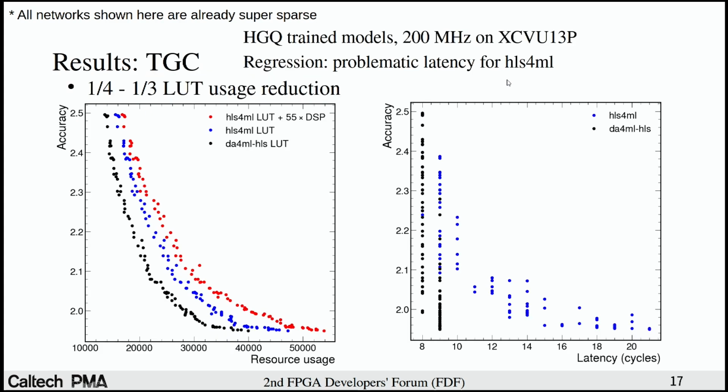And you have another regression neural network with some resource reduction and a DSP reduction also. In this case, if you don't use DA4ML, the HLS compiler actually fails to achieve the required initiation interval, so the results without DA4ML should be taken with a grain of salt.